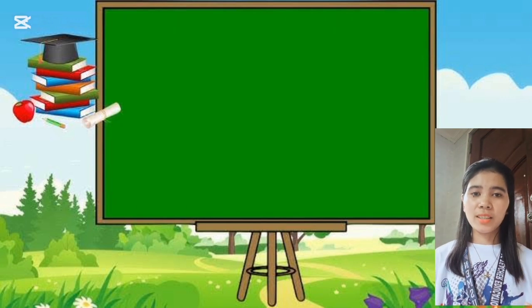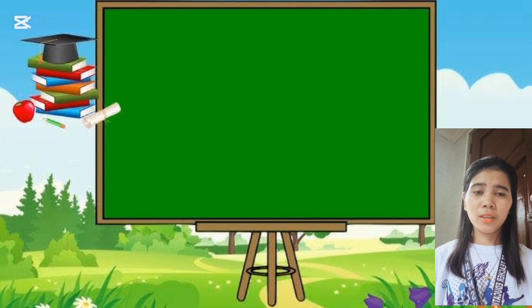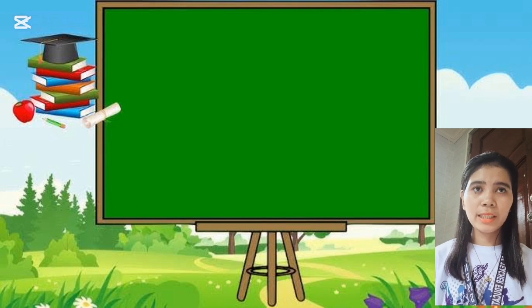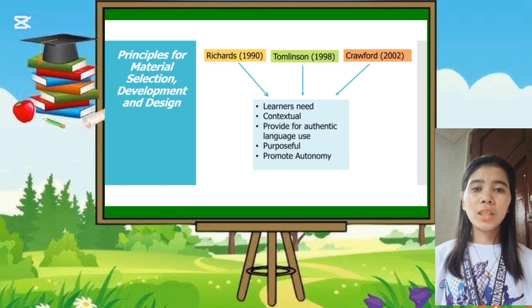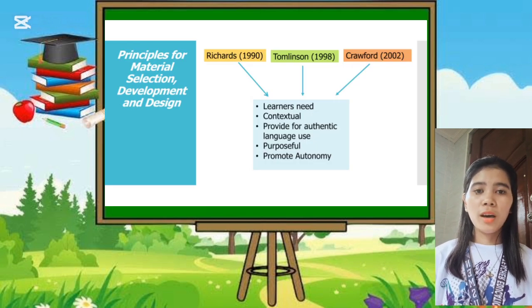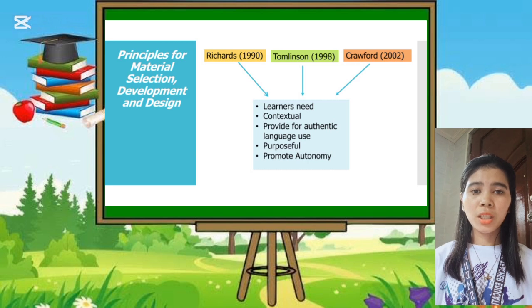So, in selecting, designing, and developing materials according to Richards 1990, Tomlinson 1998, and Crawford 2002, we need to consider learners' needs, and instructional materials should also be contextualized. They provide for authentic language use, they are purposeful, and they promote autonomy of the learners.